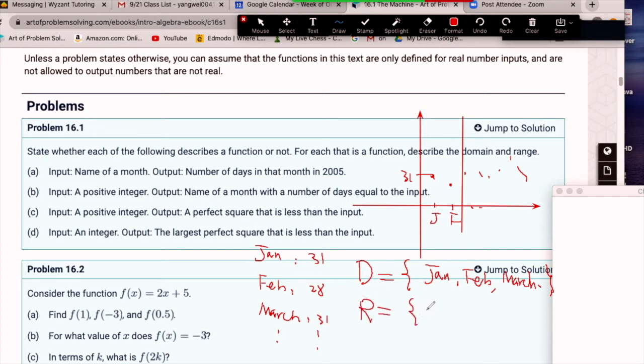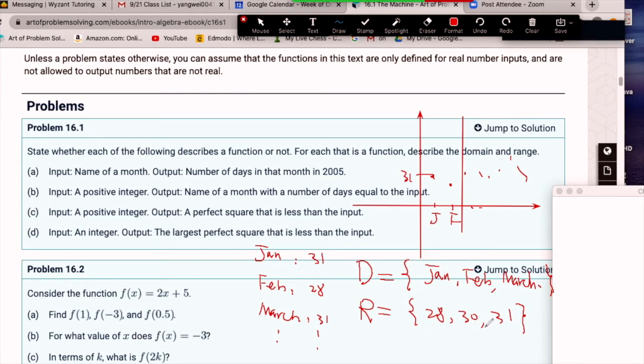Range, you can only have like 28 days, 30 days, and 31 days, right? So this year is not a leap year, so February should have 28 days. Then for the other months you have either 30 or 31. So in a set, if you have the same numbers, you just keep one.